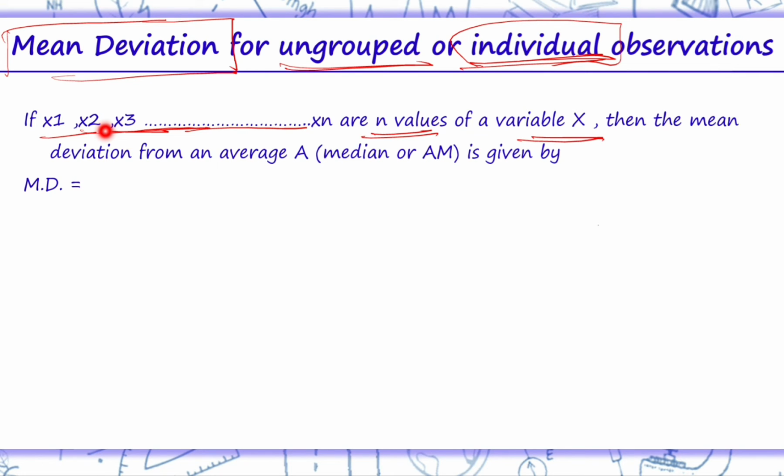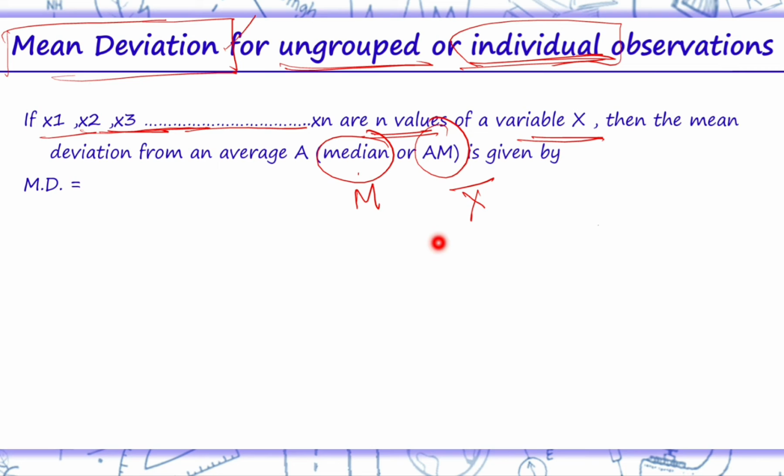Mean deviation, we always calculate from an average, like median or arithmetic mean. If I am calculating mean deviation from median, we will write M, and if we calculate mean deviation from arithmetic mean, we will write x bar.